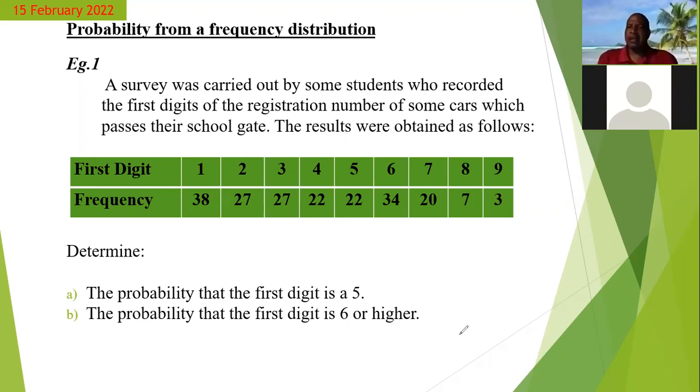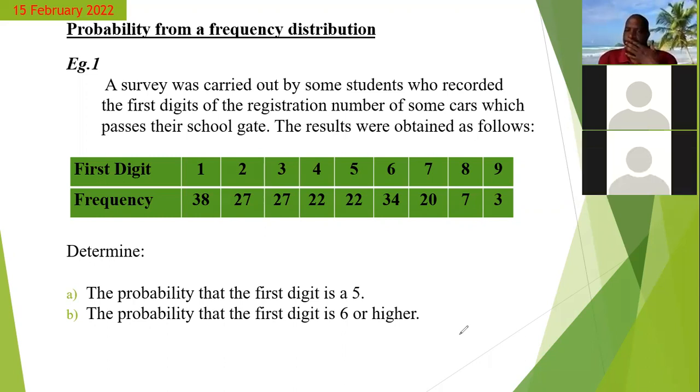Looking on the table. Remember, the top row records all of those first digits. So the record of first digit being 1 would be this.